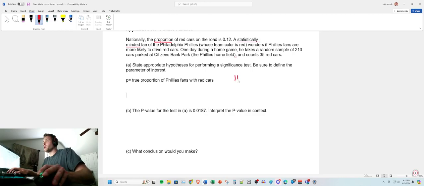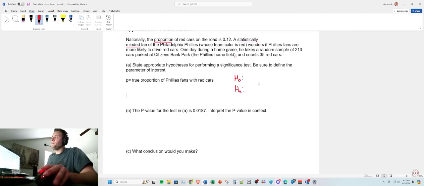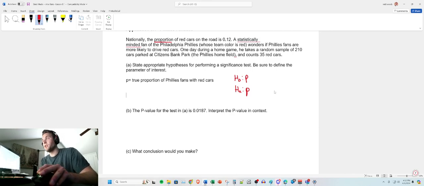We have the H sub 0 and the H sub A. So we have our null and our alternate. We know that our symbol should be P for proportion here. And we said that the null is always an equal to, and this is just going to be what the claim already was. Nationally, the proportion is 0.12.